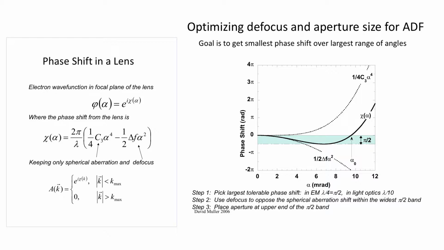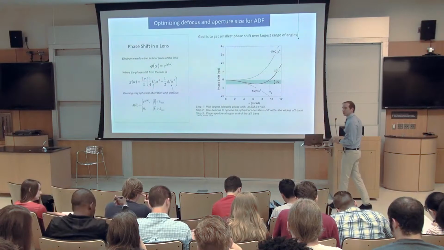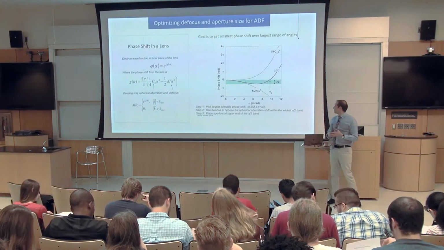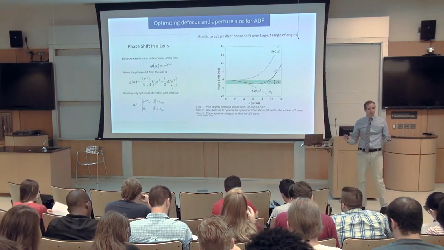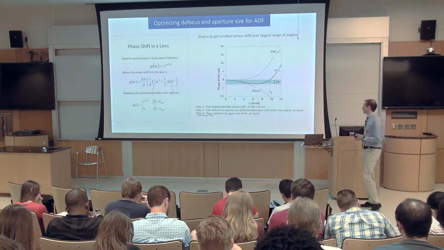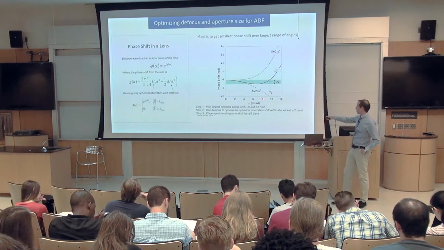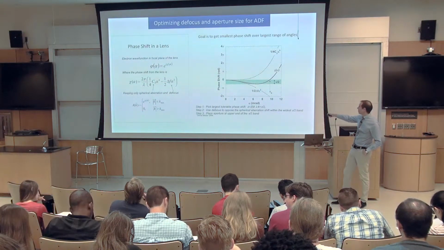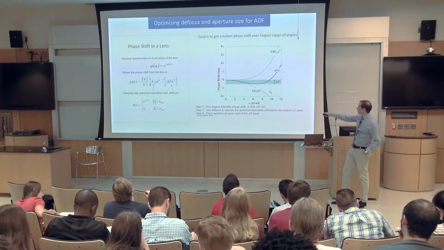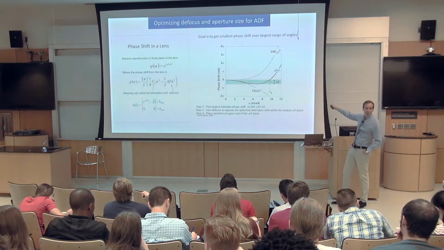Okay, so what is the game? We want to minimize that phase shift. We want our phase shift to be near zero, ideally zero, over the longest angular range possible. So if we look at how that phase shift propagates out to higher angles, we see that the spherical aberration creates a phase shift that increases quite dramatically.